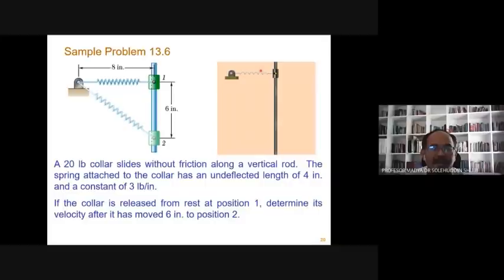If here is 8, this is 6. So what is the length of this one? We can use the Pythagoras theorem, right? 3, 4, 5, so 6, 8, and 10. This length is 10.